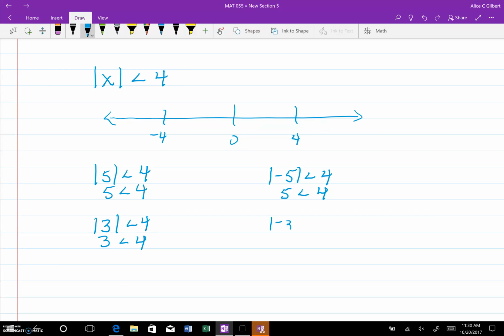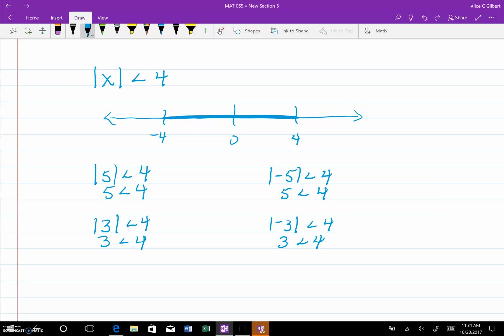Let's try this. The absolute value of -3. So what's the absolute value of -3? That's 3. Is 3 less than 4? Absolutely. So now that means our range of what x can be is everything between these 4s.